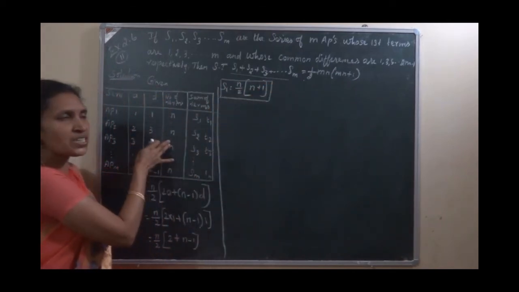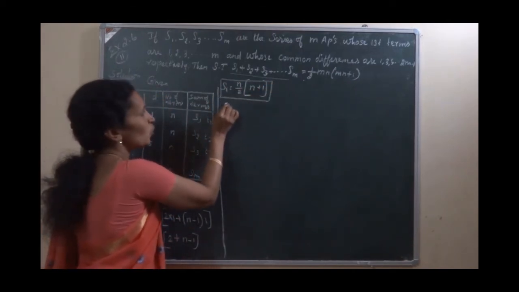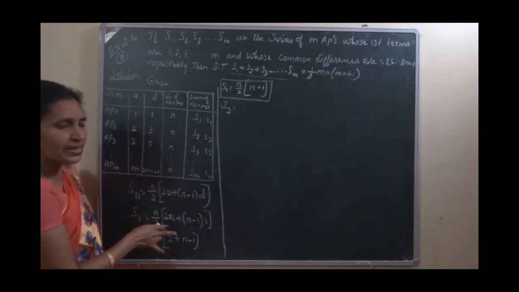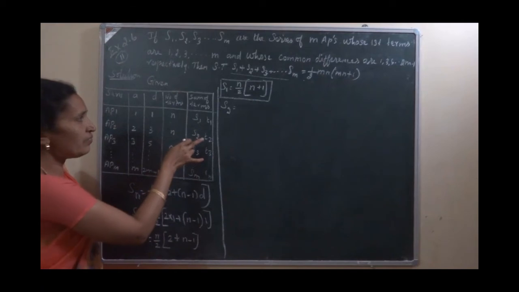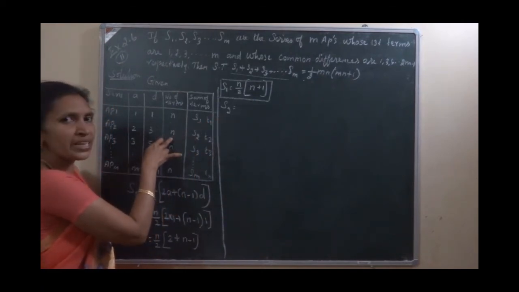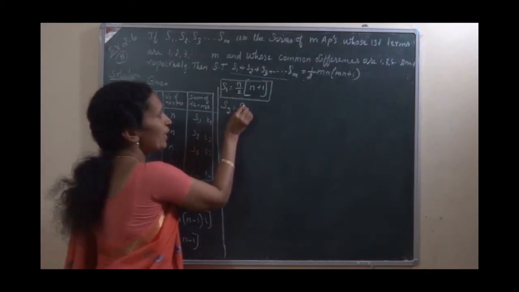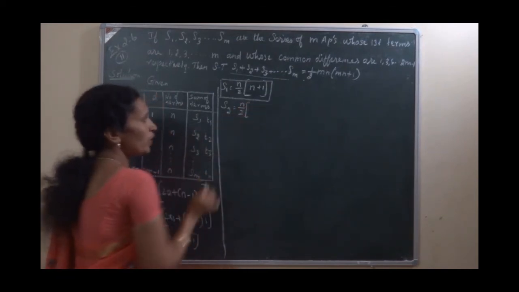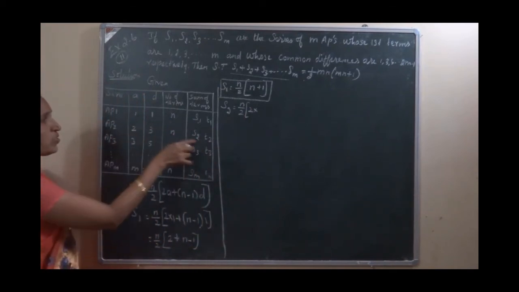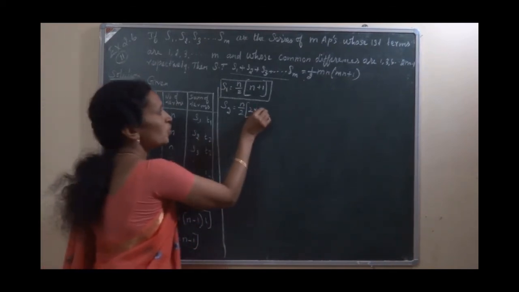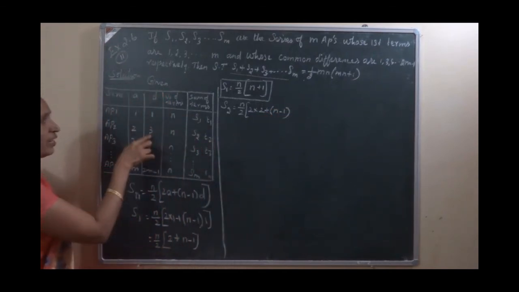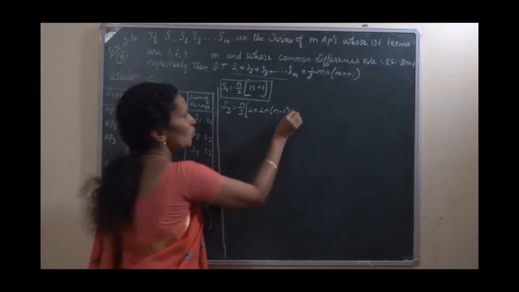Next, according to the question, I have to find S2. S2, the same formula. N by 2 into 2a plus (n minus 1) d. Here n value 2 should not write because for S2 the number of terms n they given. So you must apply n by 2 into 2 into a value 2, plus (n minus 1) into common difference 3.